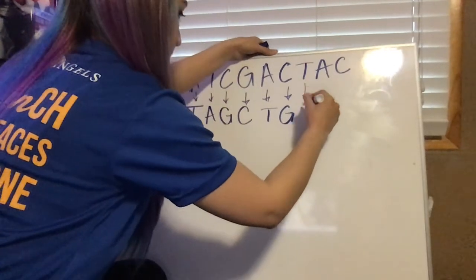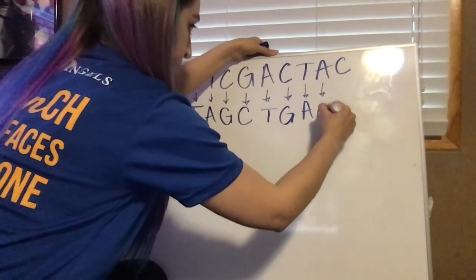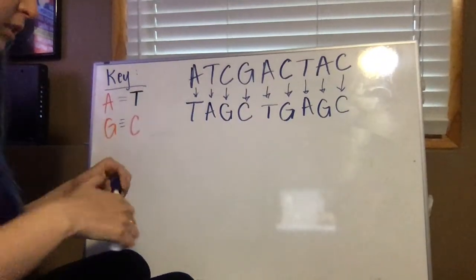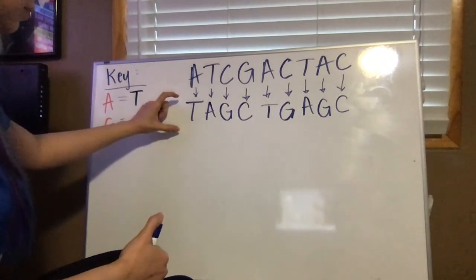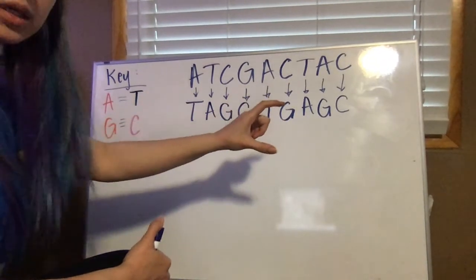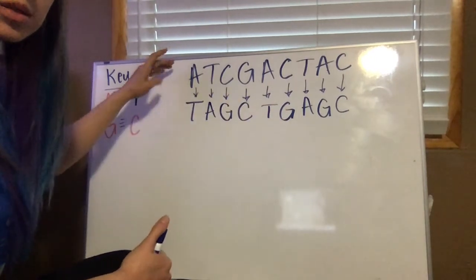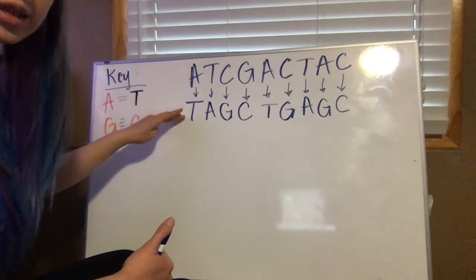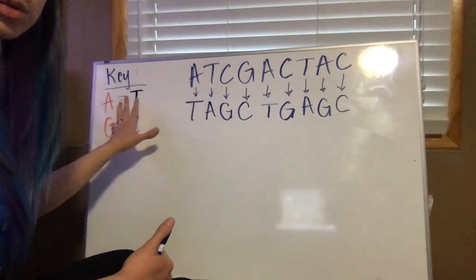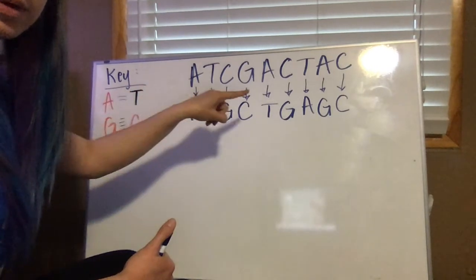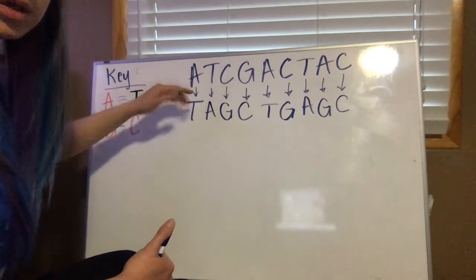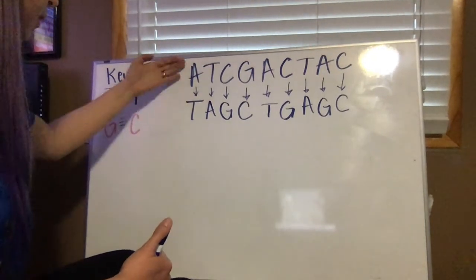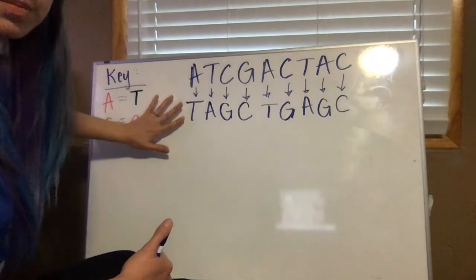The answer to this question is this bottom line. On your quizzes, the question will give you this line, and you will have to come up with this second line, and you use this key. Just notice that A could be anywhere on that list, and it could switch over. So really, you just need to look at the first line, and then give me that pair on the second line. This is probably the easiest way of doing that.